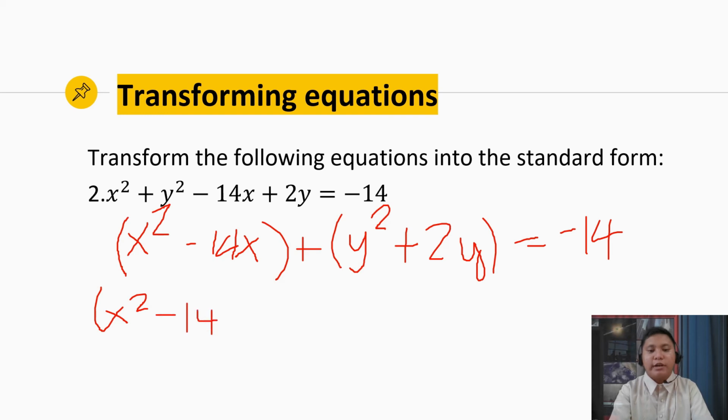Give me time to write our equation. I'm sorry. That is 49. And for our y, we will divide our 2 by 2, which is 1. Squaring 1, we will have the answer of 1.